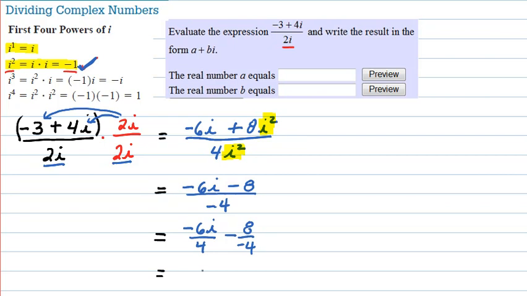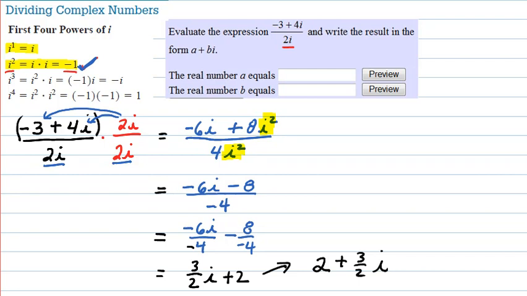So we'll end up with, whoops, this should be a negative 4, shouldn't it? So negative 6 over negative 4 would be positive 3/2 i, and then negative 8 over negative 4 would end up being positive 2. Now normally when you write complex numbers, you put the real number part first, so I'm going to put the 2 first plus the 3/2 i.